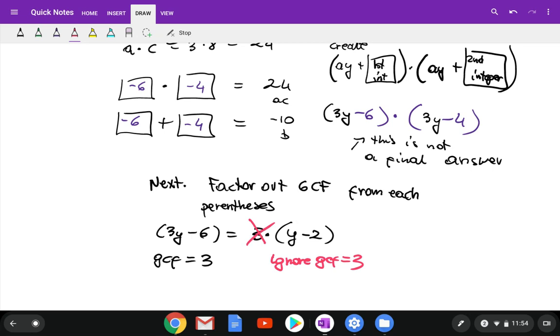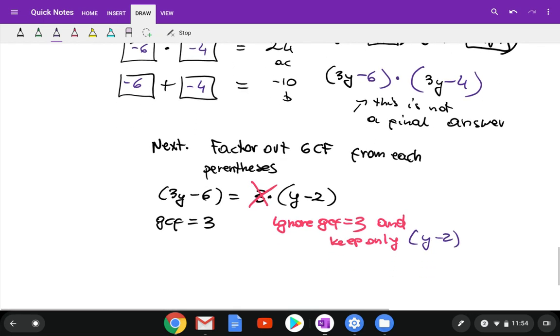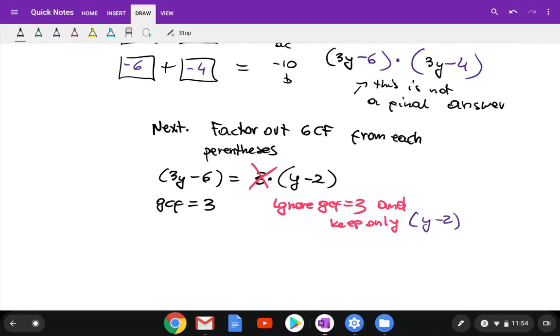So ignore that. And keep only parenthesis, which is y minus 2. I'm going to do the same thing with the second parenthesis, which is 3y minus 4.